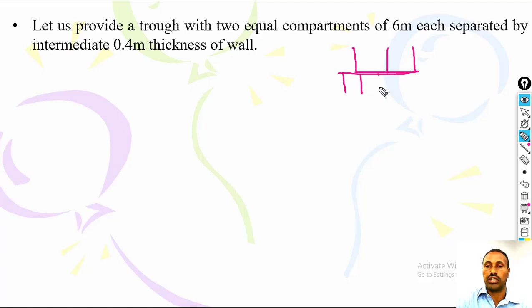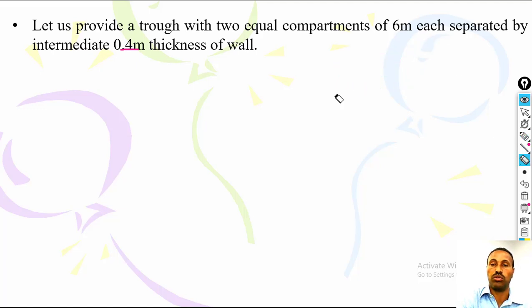Here, drainage is below. So these are 2 compartments. Water level is at this point. Clear? 2 compartments. Then you have wall thickness 0.4 interior, which is this one. This is the interior wall thickness, and then you have 6 meter span, both 6 meter span. So I think this is just a rough sketch. Now let's see the detail.